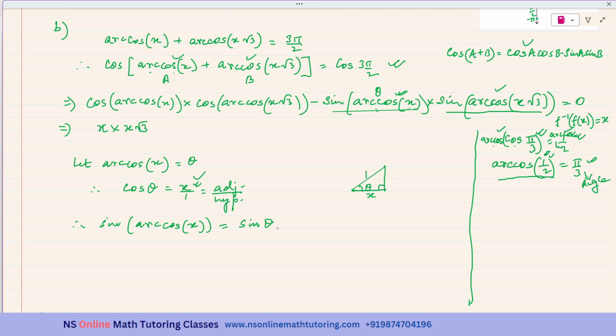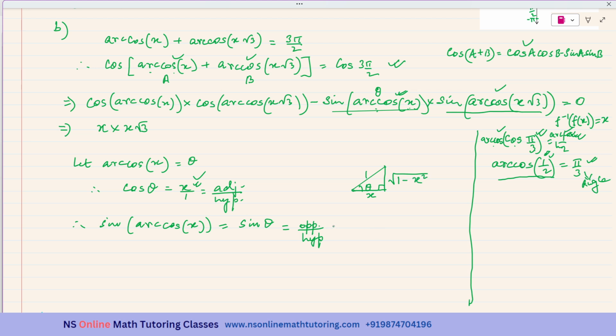So sine theta will be what? It is opposite over hypotenuse. So SOH, opposite over hypotenuse. And what is the opposite side length? Using the Pythagoras theorem, it will be square root of 1 square is 1 minus x square.